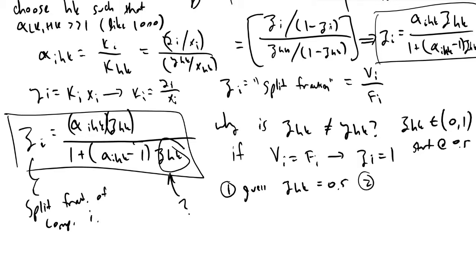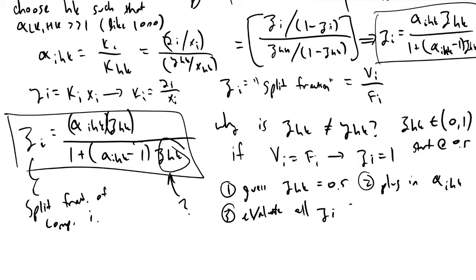With that value, you're going to plug in the alpha I HK terms from the table we drew above, and you're going to evaluate all zeta sub i's.